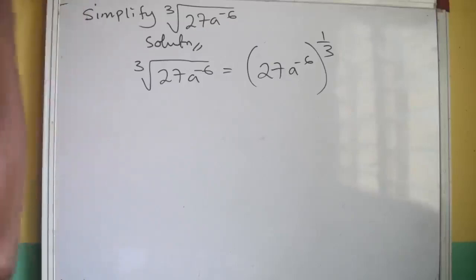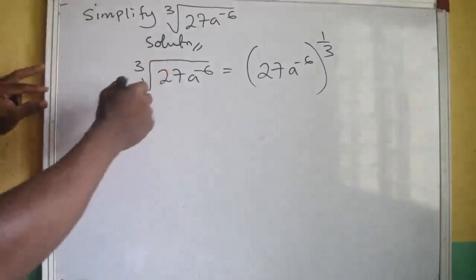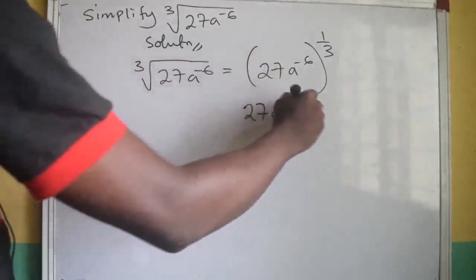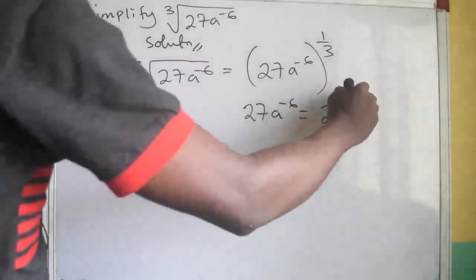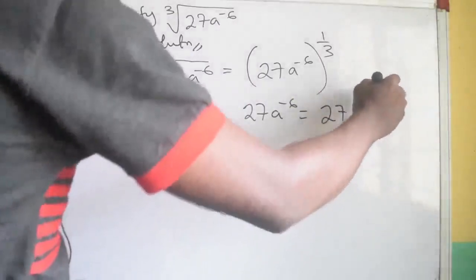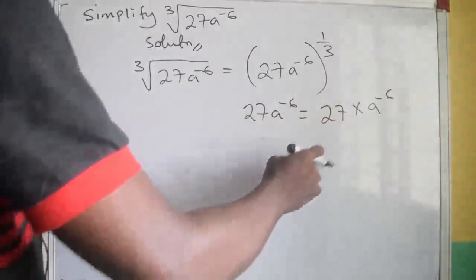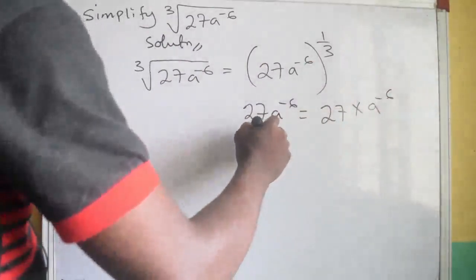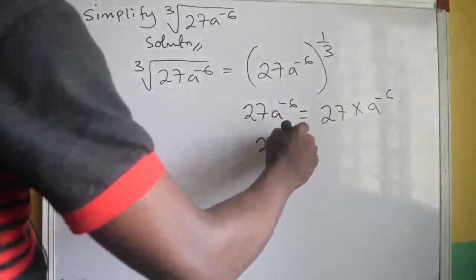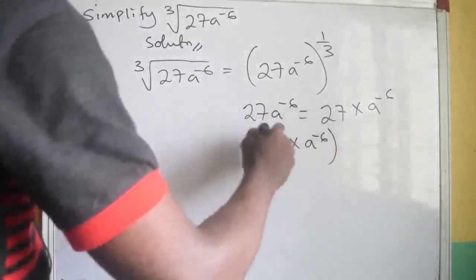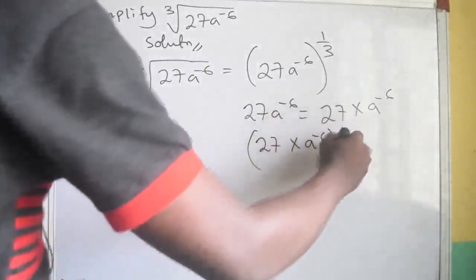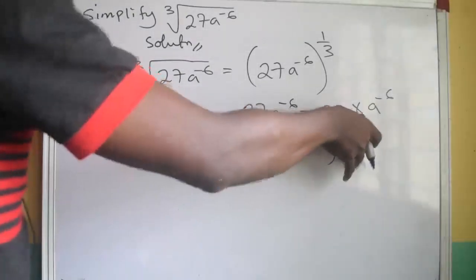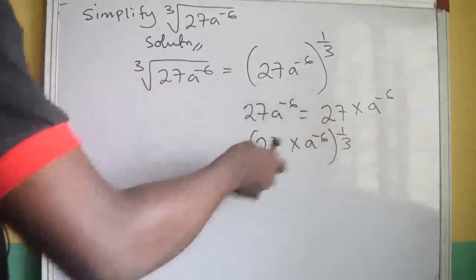And as you can see, 27a raised to power -6 is the same thing as writing 27 times a raised to power -6, which means we can as well put everything inside bracket, which is 27 times a raised to power -6, all raised to power 1/3. So in this regard, we have to take this guy to each and to each.